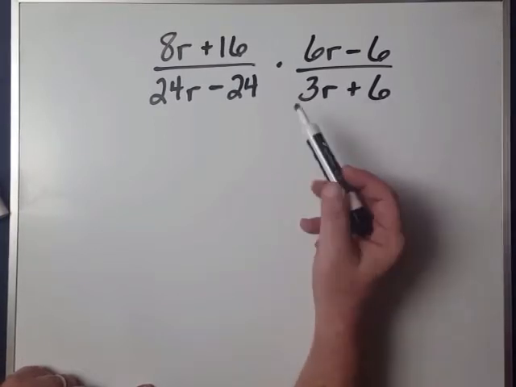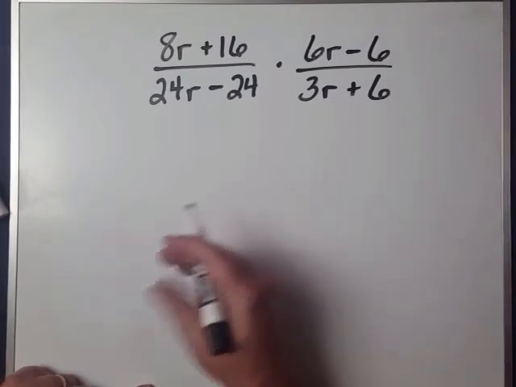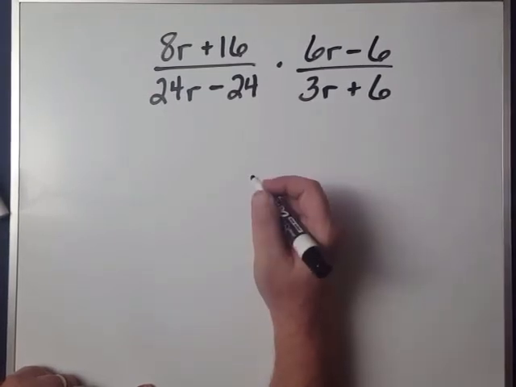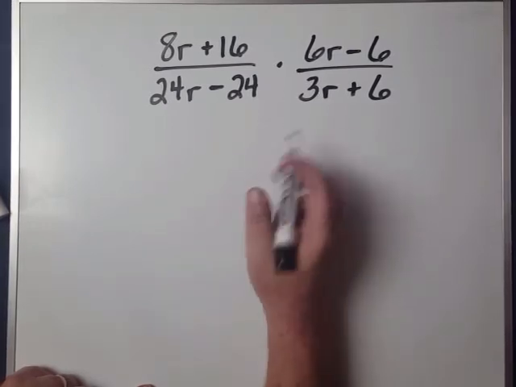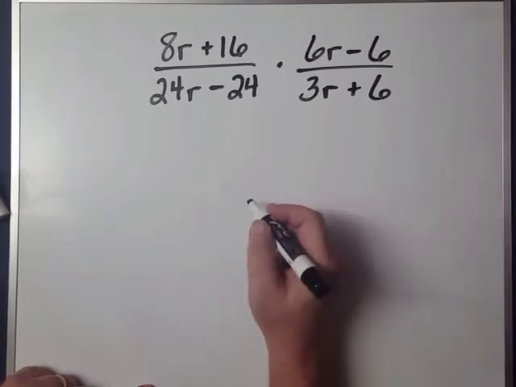So it is vital that we cross-cancel when possible so that my answer will already be in lowest terms when I get there. If I'm going to be cross-canceling, I'm going to be canceling factors common to the top and bottom. If I'm going to be canceling factors, I need to see all the factors. So my first step here, get everything factored.